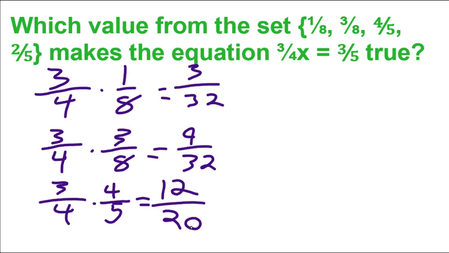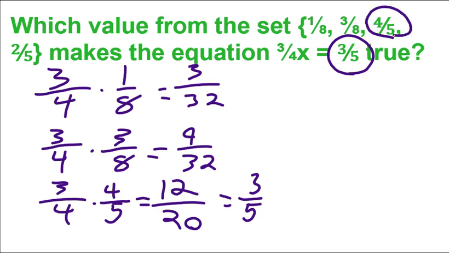What goes into each of those? 4. So 12 divided by 4 is 3. 20 divided by 4 is 5. And that's what we needed. So that means 4/5 is our correct answer. All right, you just got to follow your rules with fractions if it's got fractions.